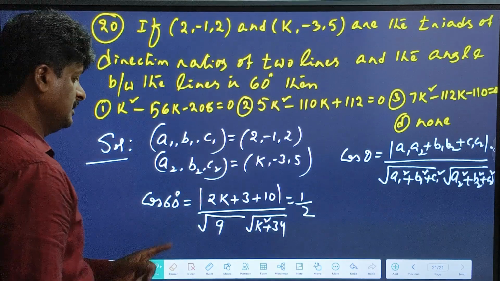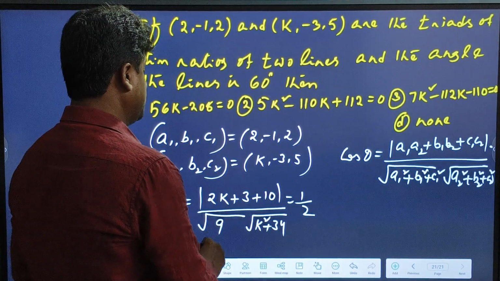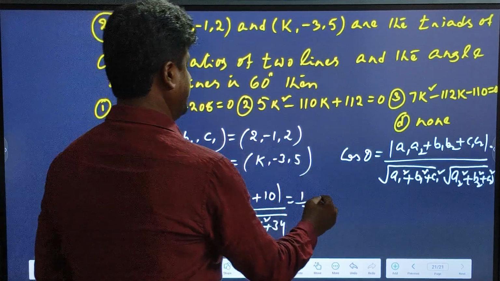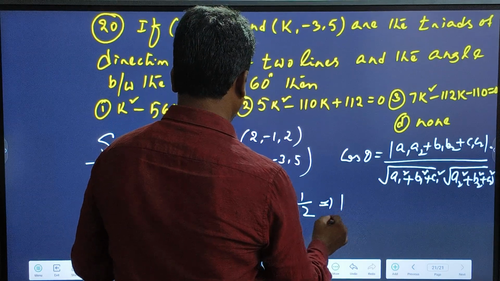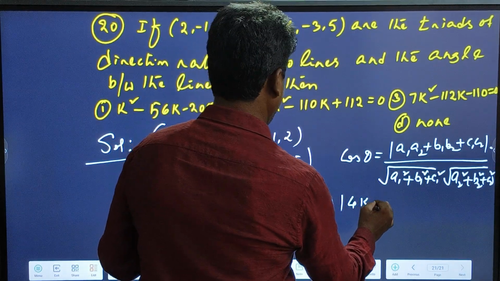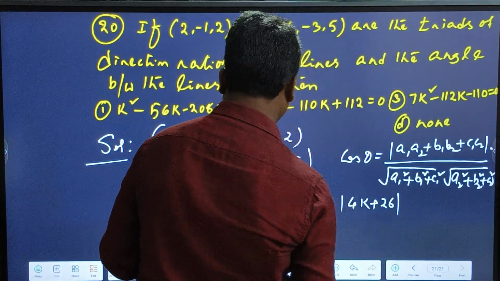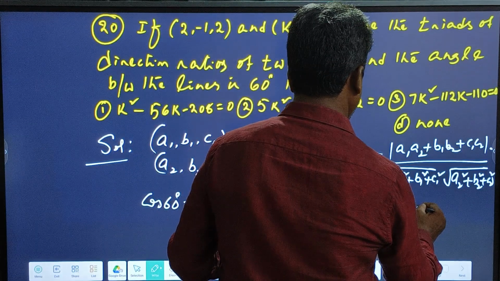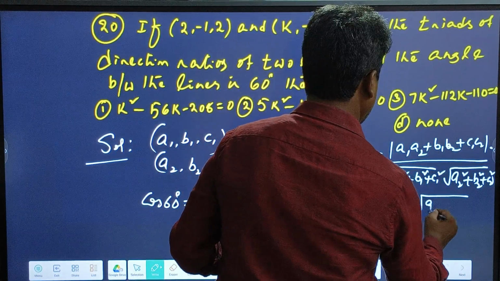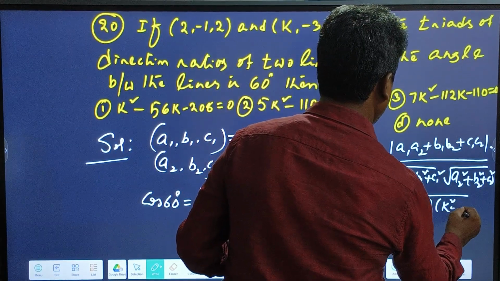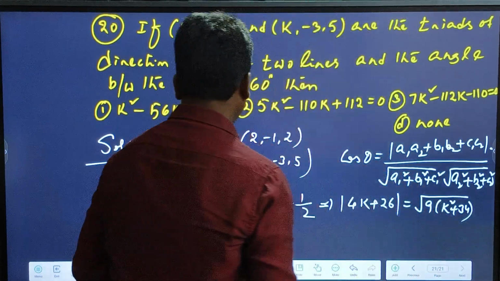However, this is 3. By cross multiplication, we get modulus (4k plus 26) is equal to under root of 9 times (k square plus 34).